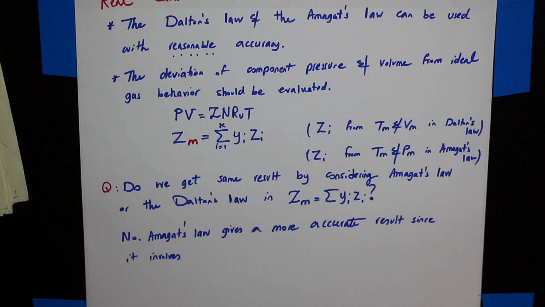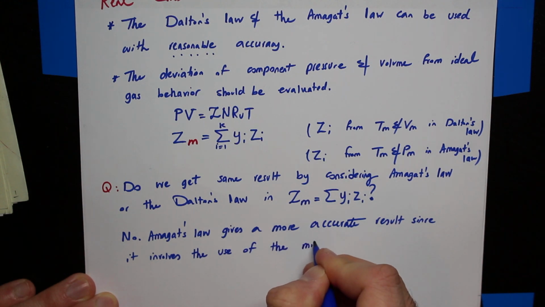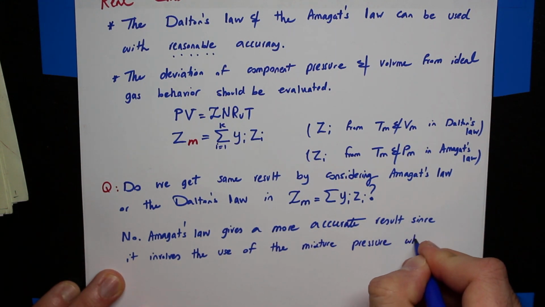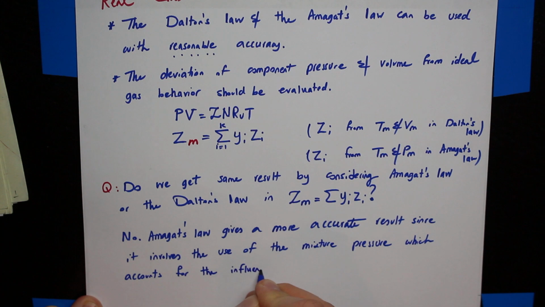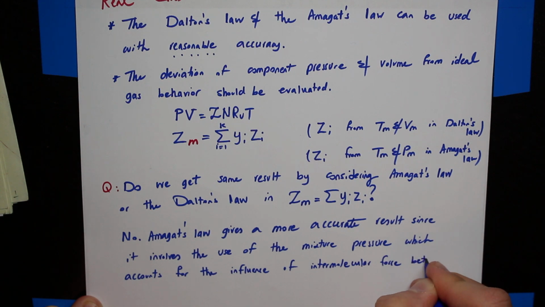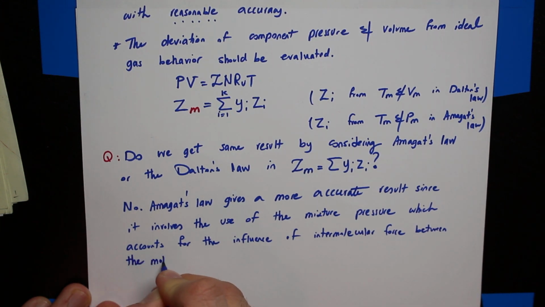Amagat's law gives a more accurate result since it involves the use of the mixture pressure, which accounts for the influence of intermolecular force between the molecules of different gases.